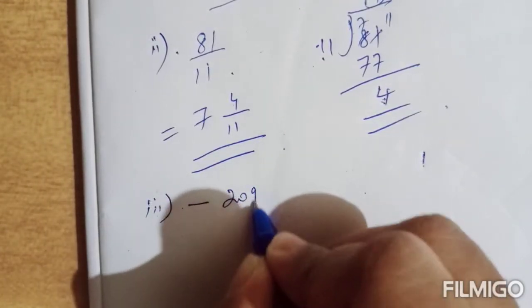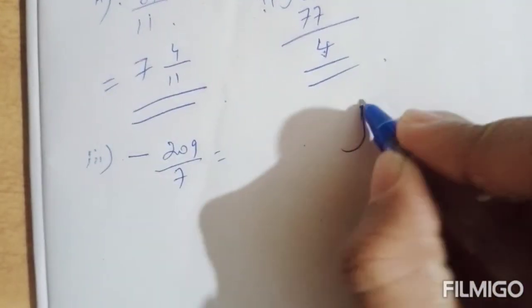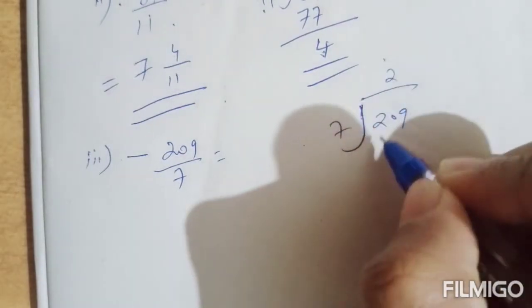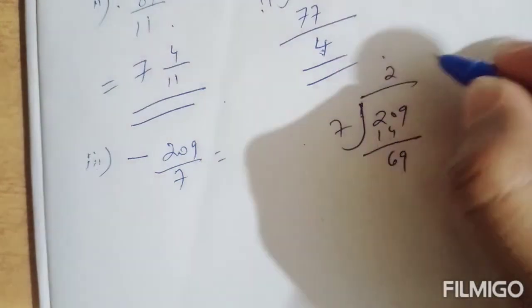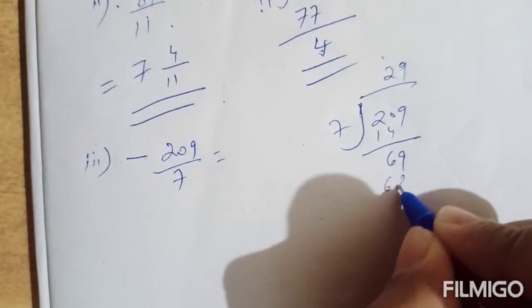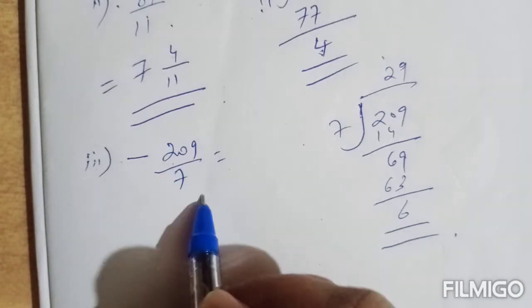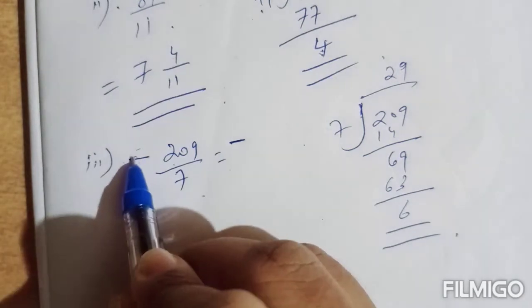minus 209 by 7. So just divide 209 by 7 first. 7 into 2 is 14, bring down 9, 69. 7 into 9 is 63. Remainder will be 6. On converting this to a mixed fraction, first put the minus sign, since the minus sign is there.